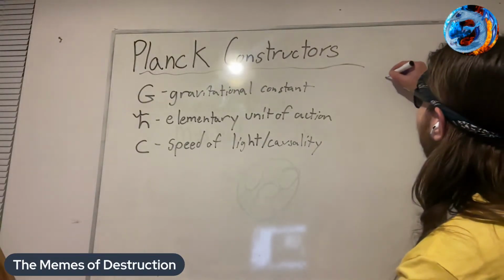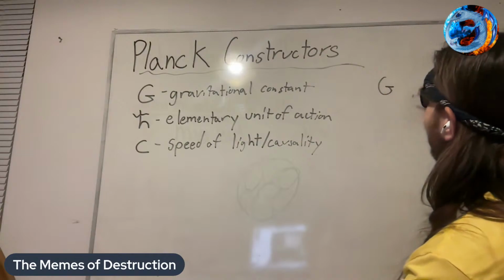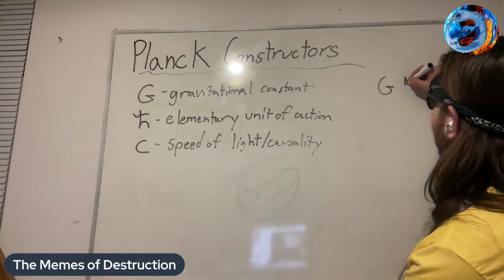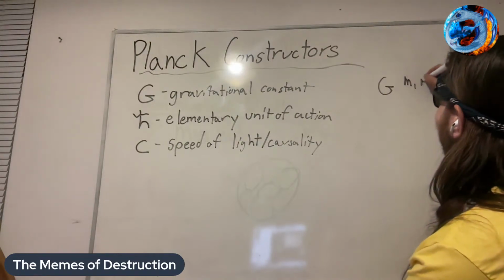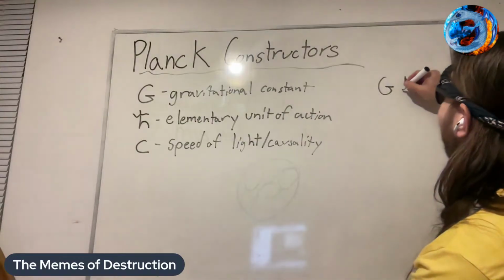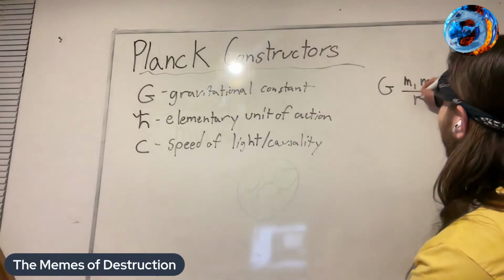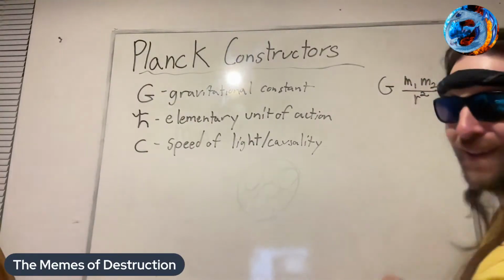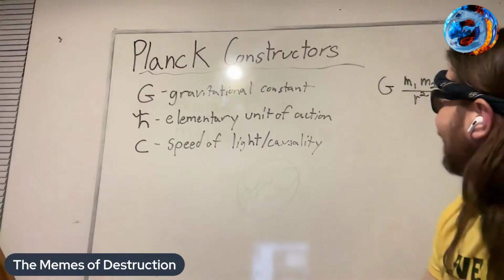So you get your big G, mass 1, mass 2, divided by R squared. So basically, it's just the whole Newtonian gravitational constant.